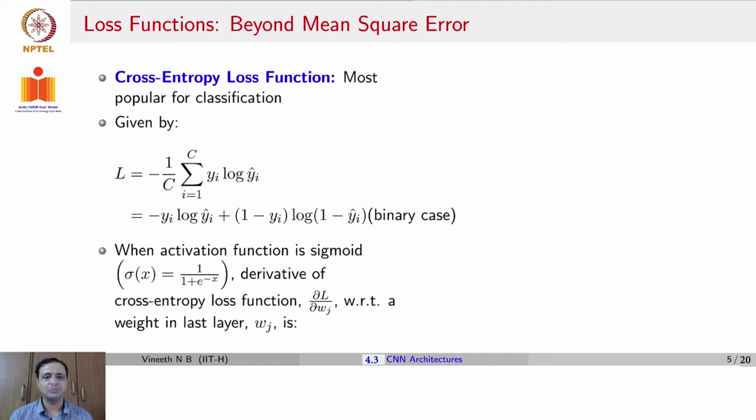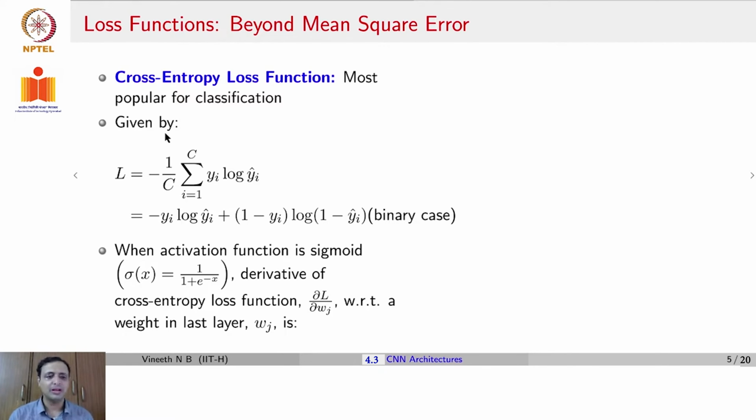In classification problems, the most common loss function is known as the cross-entropy loss function, which measures the entropy between the probability distribution on the output labels in the ground truth versus the probability distribution on the output labels as output by the neural network. This gives you a sense of error committed by the neural network.